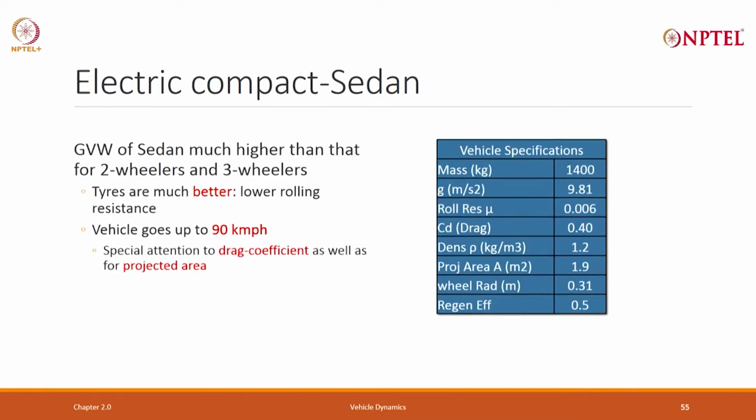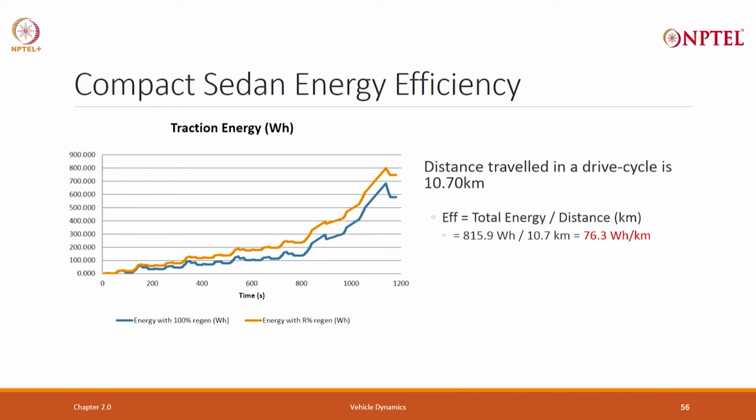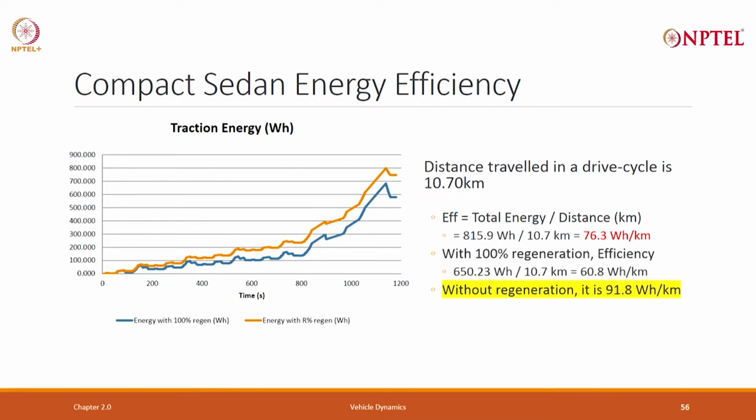On the other hand, if you design a good PMSM motor, you can get very good efficiency. This is something that we learn from this. The other thing that we will see in a little while is that it is highly dependent on drag. Drag, why?